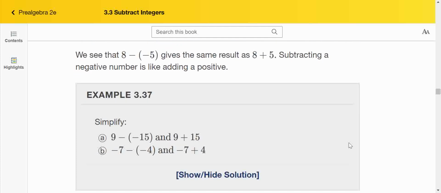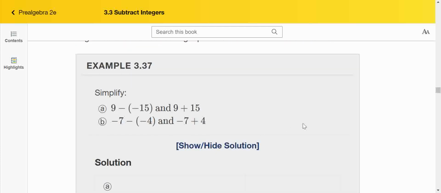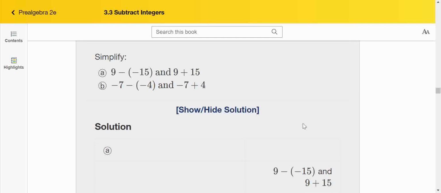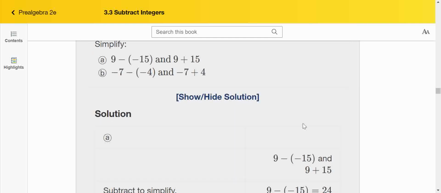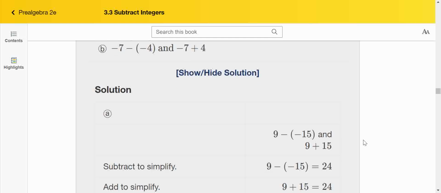Example 3.37. Simplify. A. 9 minus minus 15 and 9 plus 15. B. Minus 7 minus minus 4 and minus 7 plus 4. Solution: 9 minus minus 15 and 9 plus 15.